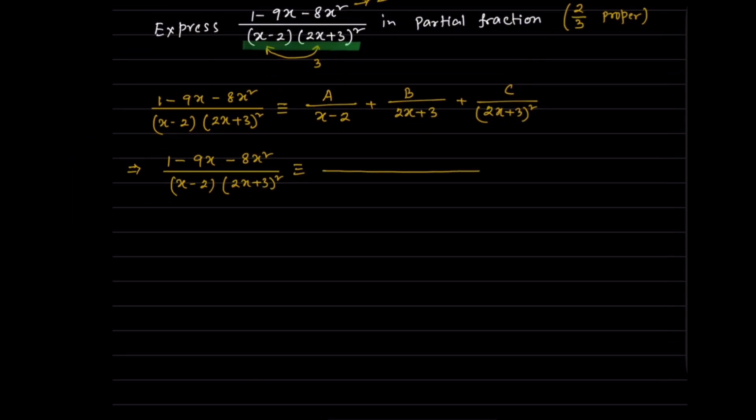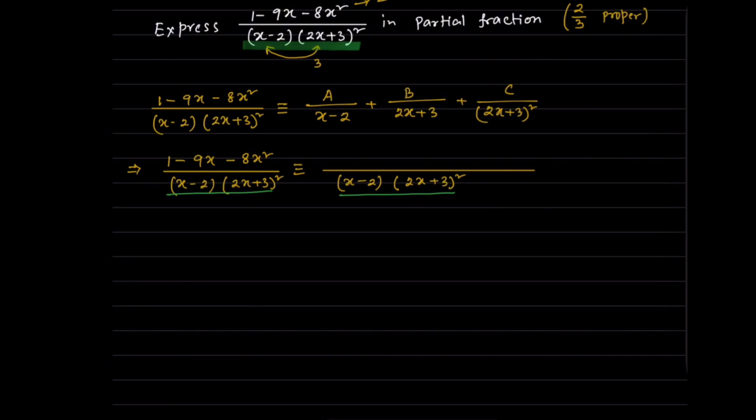Then you can take the common factors, x minus 2 and 2x plus 3 whole square. Whenever you take the common factors, please remember the left side factors and the right side common factors must be the same, the denominator, because in the next step we will remove this. So here do not make any mistake.